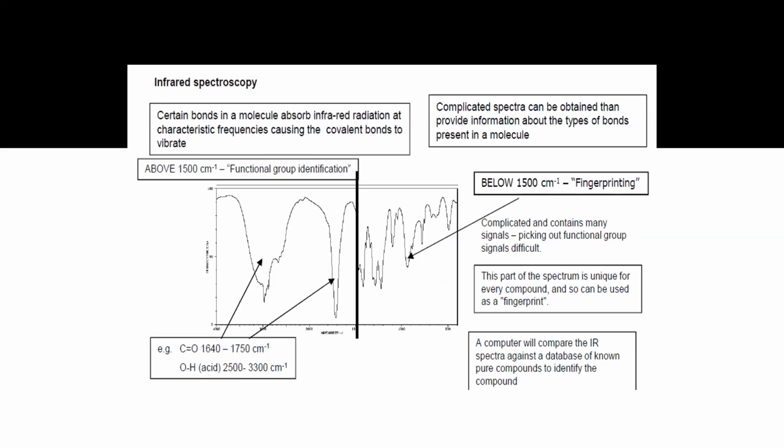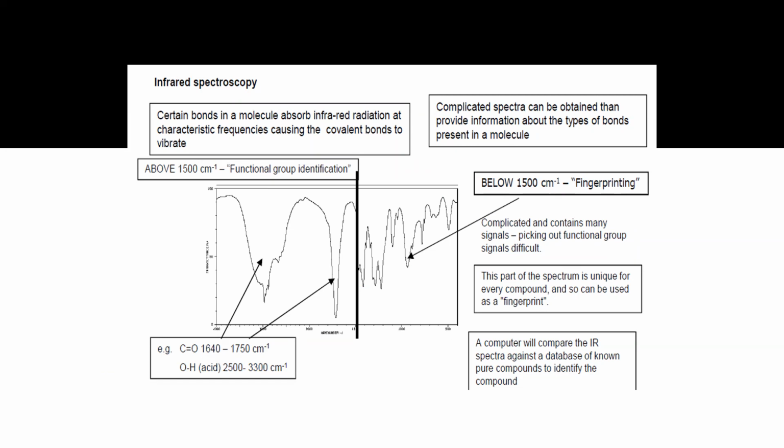Then infrared spectroscopy. Basically, what is infrared spectroscopy? As the bonds are polar, the bonds tend to absorb infrared radiation. Using the absorption, the wave number, like how many waves are absorbed per centimeter, we can identify the type of the bond. Below 1500 is known as the fingerprint region, because every compound has a unique spectrum, so using this we can recognize the whole compound.